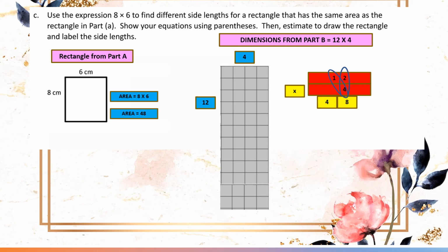So the dimensions from part B of 12 times 4 ended up being the same as 8 times 6 dimensions, or 8 by 6. So the area for both was 48. You may want to pause your video to make sure that you have everything written down.